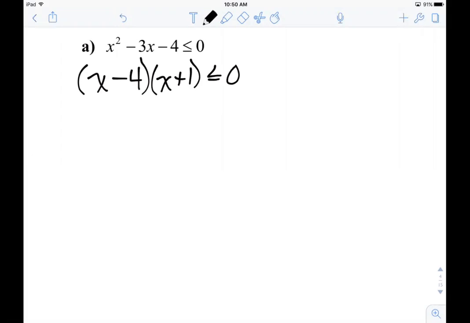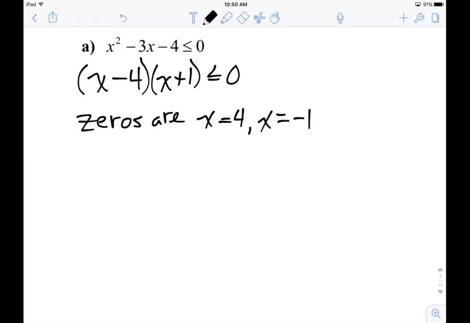So, in other words, the zeros are x equals 4 and x equals negative 1. Those are our two zeros.